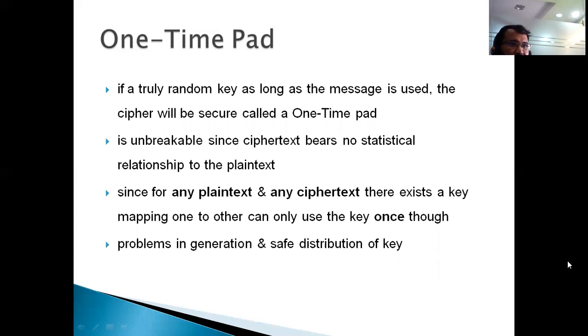It is unbreakable since the ciphertext bears a non-statistical relationship with the plain text. Unpredictable ciphertext will be generated here, as the random number generator randomly generates the keys, and we substitute based upon those keys. This is called the one-time pad substitution.